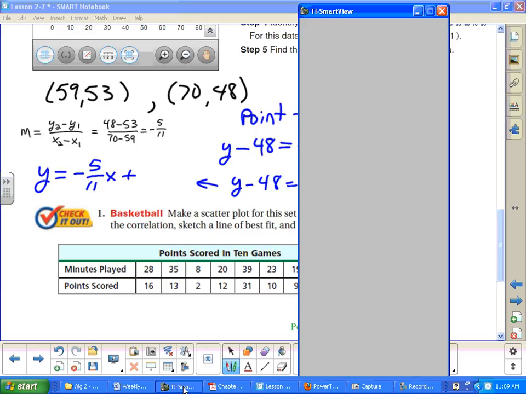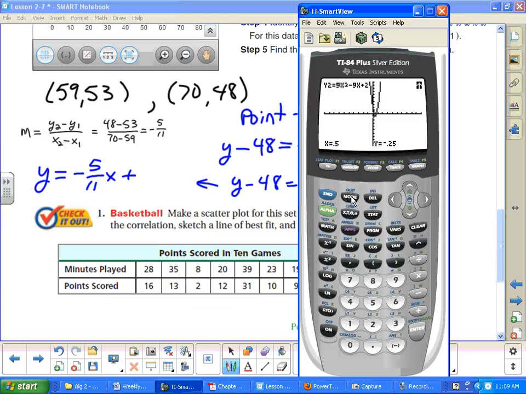All right, so we could take our calculator and do 350 over 11 plus 48. And as a decimal, we get that number there. And if you want a fraction, we can go math and change it to a fraction. And we get 878 over 11.